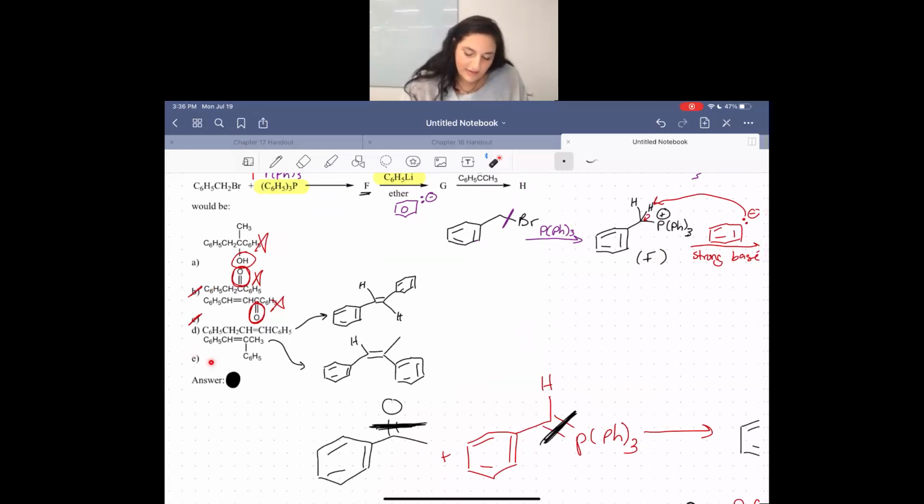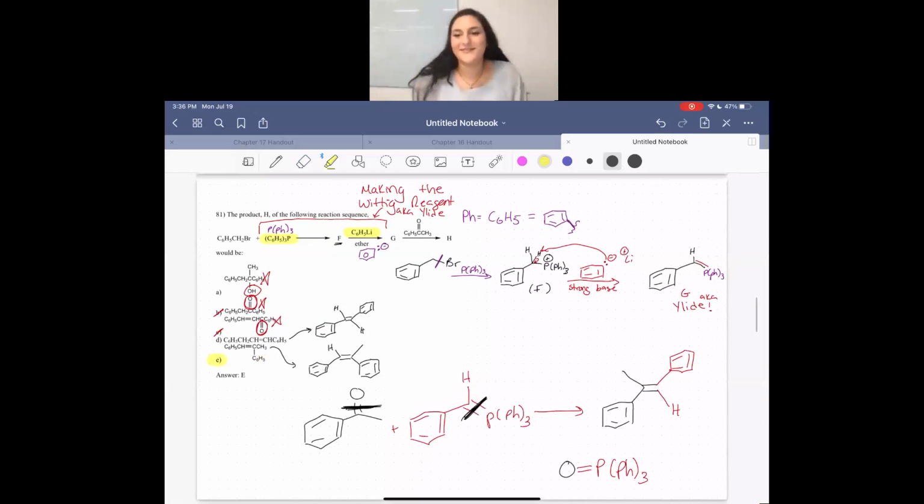E has a methyl, two benzenes, and a hydrogen. It's just attached differently than I drew it. This one is exactly how I drew it, except it doesn't have a methyl, it has a hydrogen. So be very careful of those little tiny things that can trip you up. Someone said, well played. Thank you.